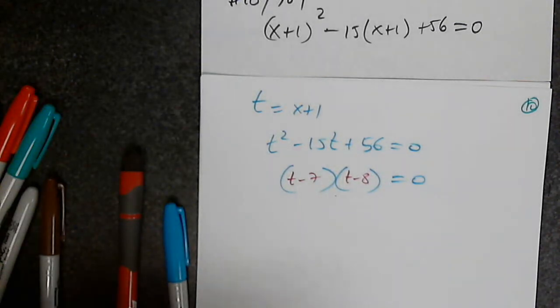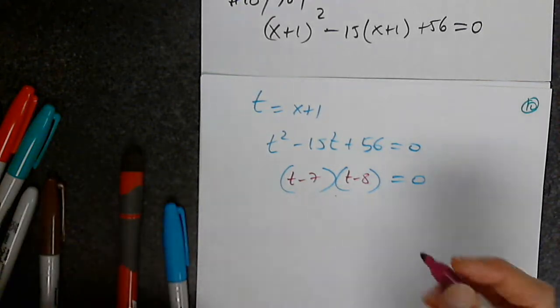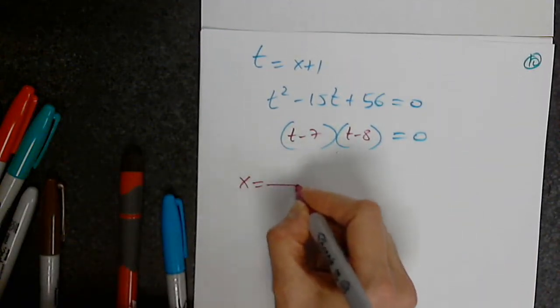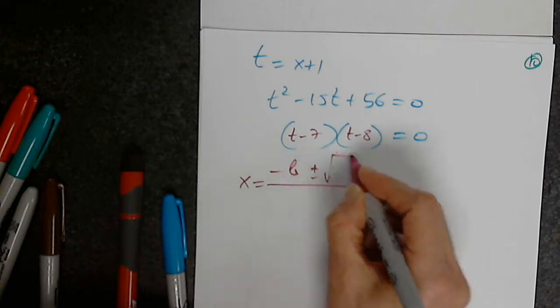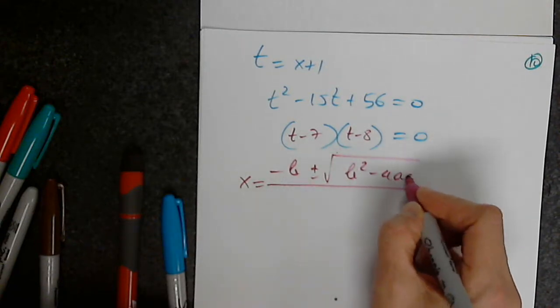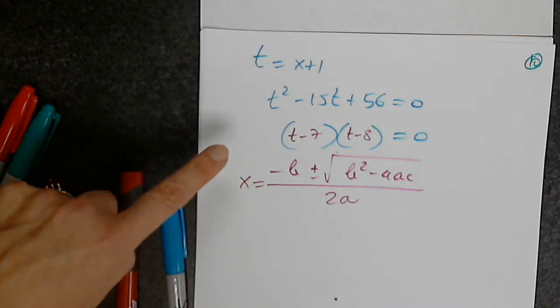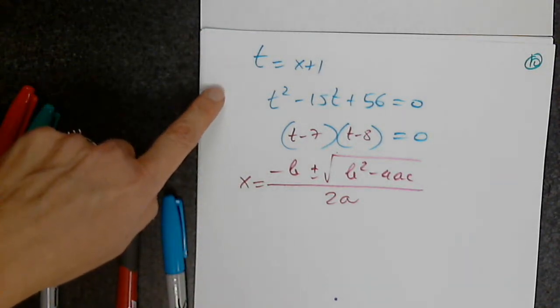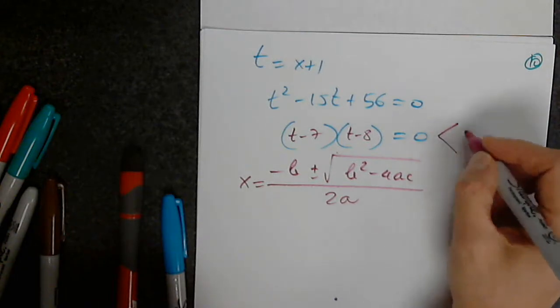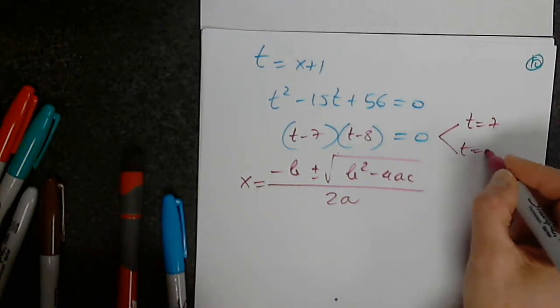What's the quadratic formula again? Negative b plus or minus the square root of b squared minus 4ac over 2a. We cannot use x if you use the substitution. That's fine. Yes, sure. So then t equals 7 and t equals 8.